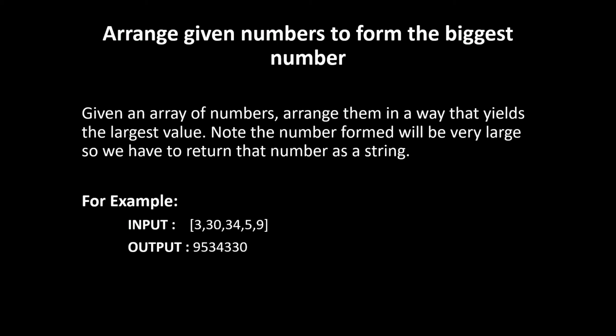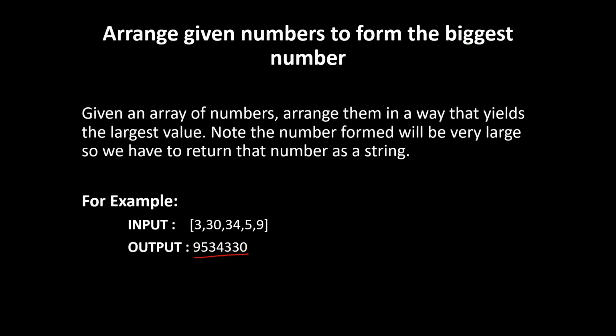So let's understand this with the help of an example. Here is an input array consisting of elements 3, 30, 54, 34, 5 and 9. Now we have to arrange these numbers in such a way that they form the largest value, that is, the biggest number. So the output is this.